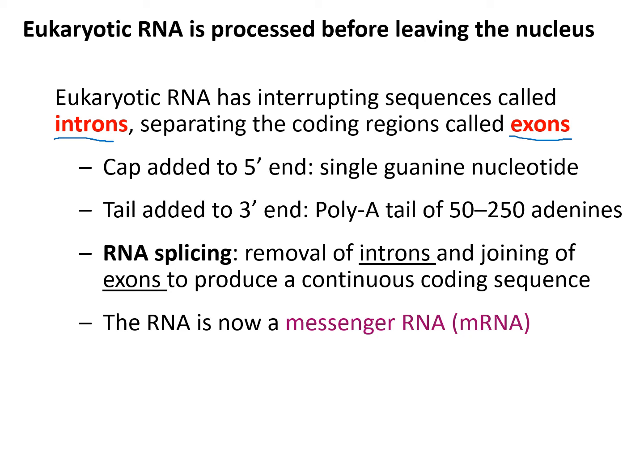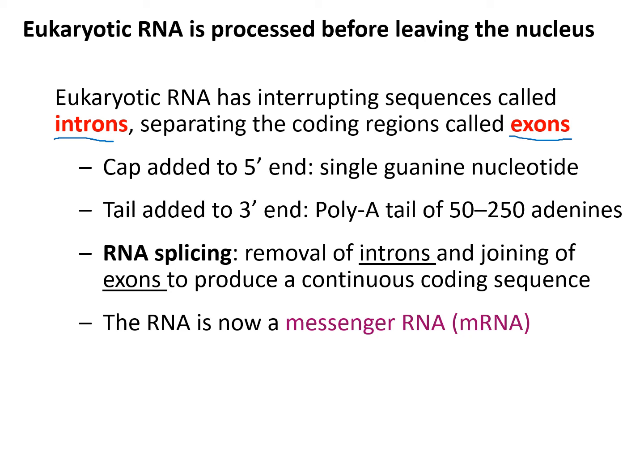It can be 50 to 250 adenines long. So it's a long tail. The thought of why it gets this tail is probably due to the fact that parts of that tail might get broken off, and so it gives it a little area to lose some adenines, to lose some of those nucleotides at the end, and not affect the sequence that needs to be copied.